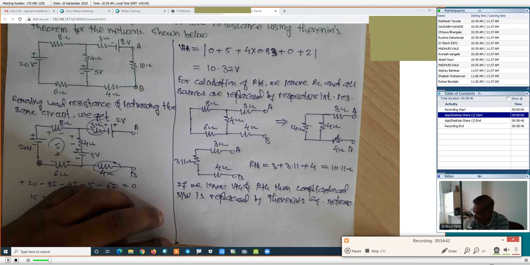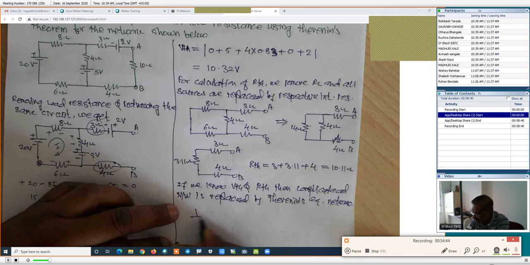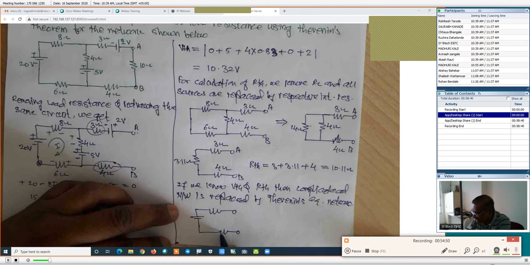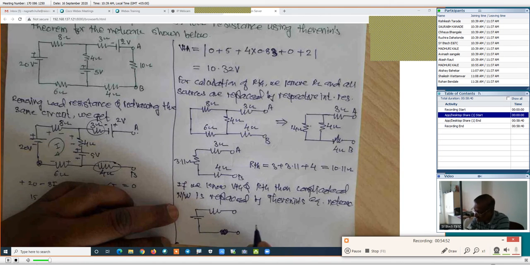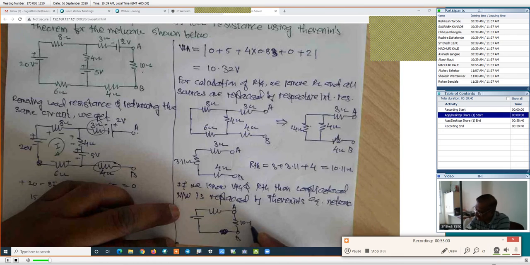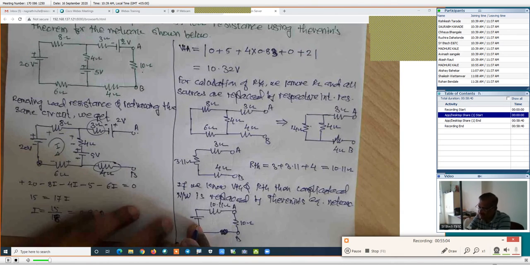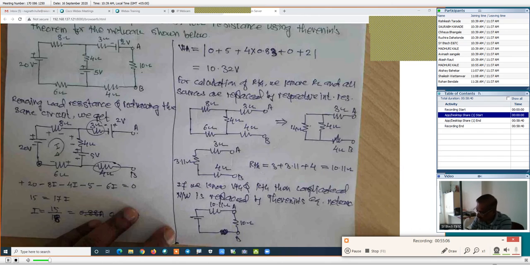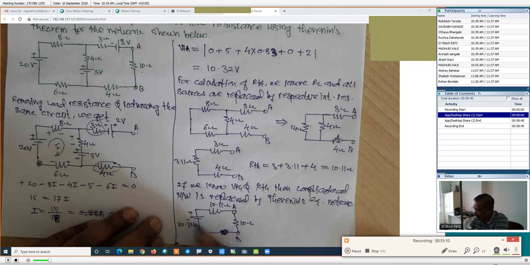This will be the last figure for this problem. And reconnect the load resistance which is removed in the first step. This is A point, this is B point. The load resistance which we have removed is this 10. I'm reconnecting it. RTH, this is 10.11 ohm, and this is VTH which is 10.32. This is 10.32 volt with plus and minus.